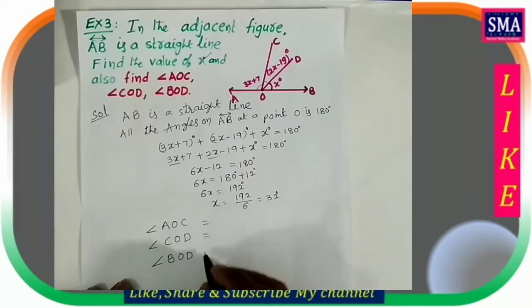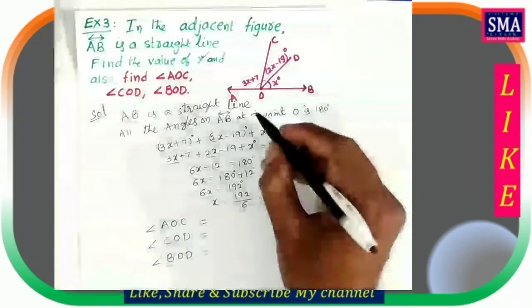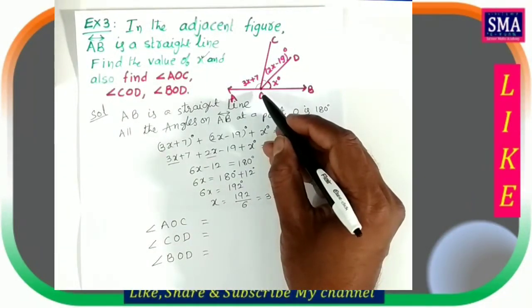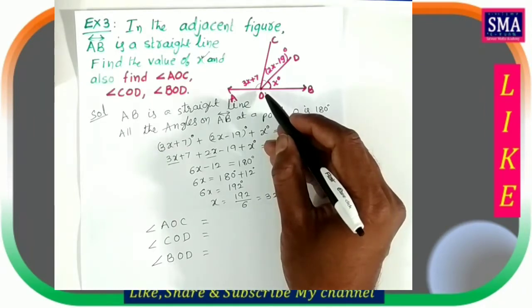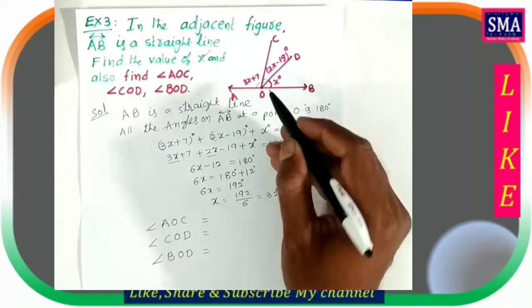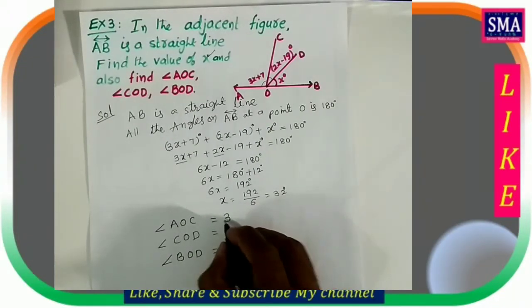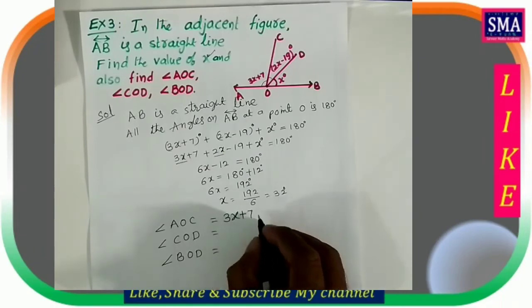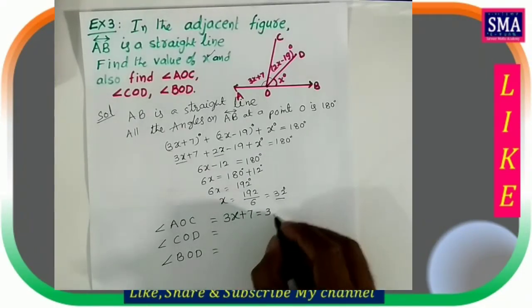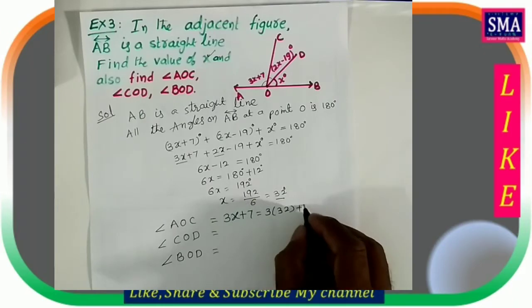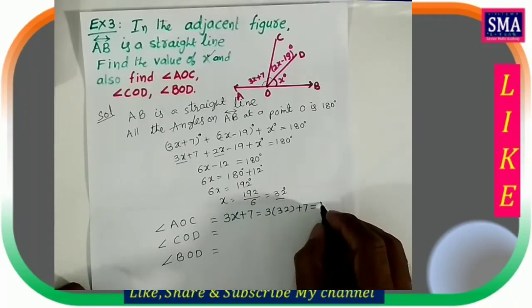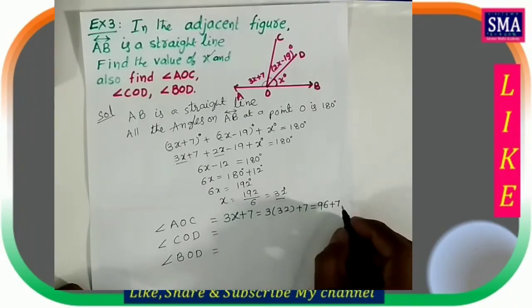Angle AOC, from the question figure, AOC is equal to 3x plus 7. So write down 3x plus 7. So 3 into x value 32 degrees plus 7. So 3 into 32, 96 plus 7 is equal to 103 degrees.